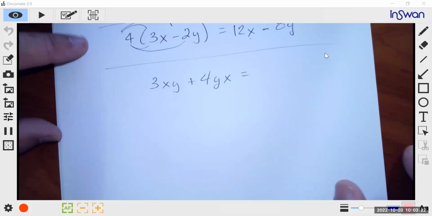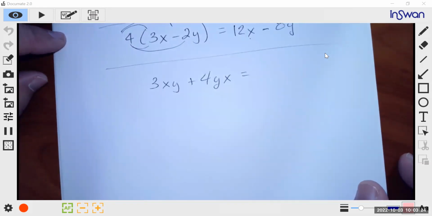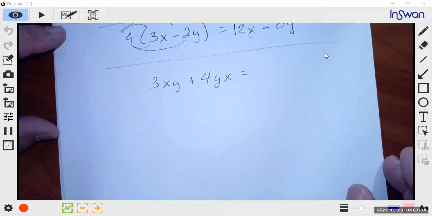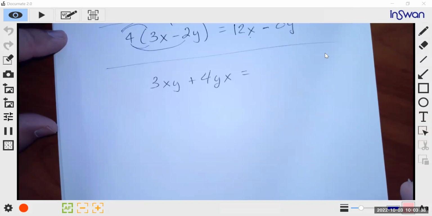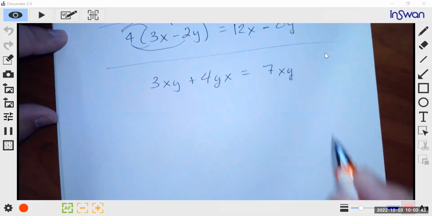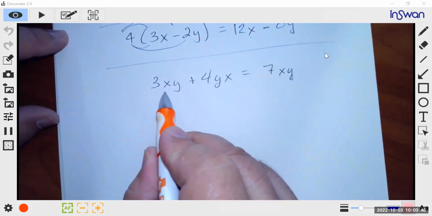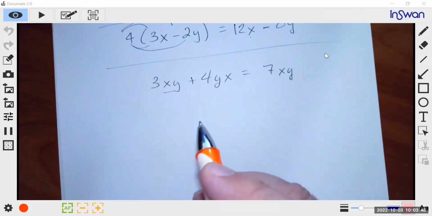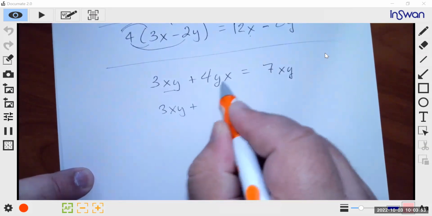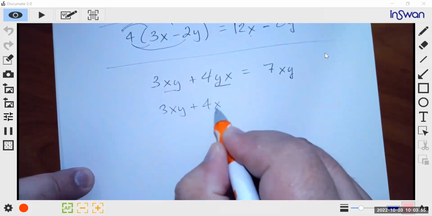Can you combine these? If so, why? They both have a y. What's the final answer? Yeah, because of the commutative property of multiplication, I can rewrite these two as xy.